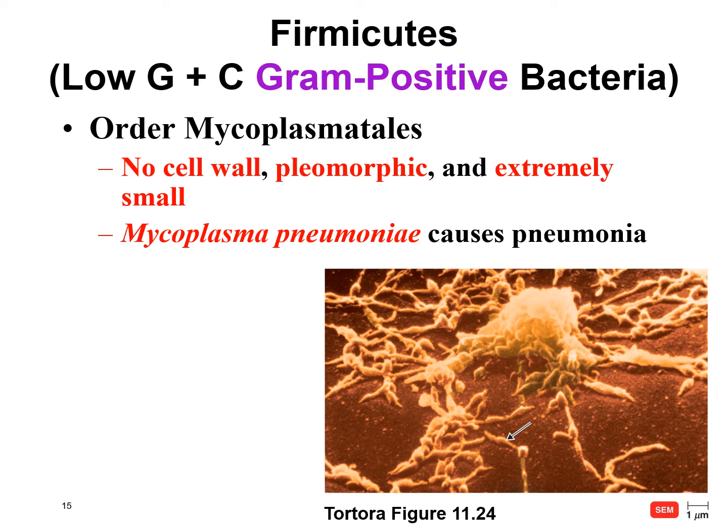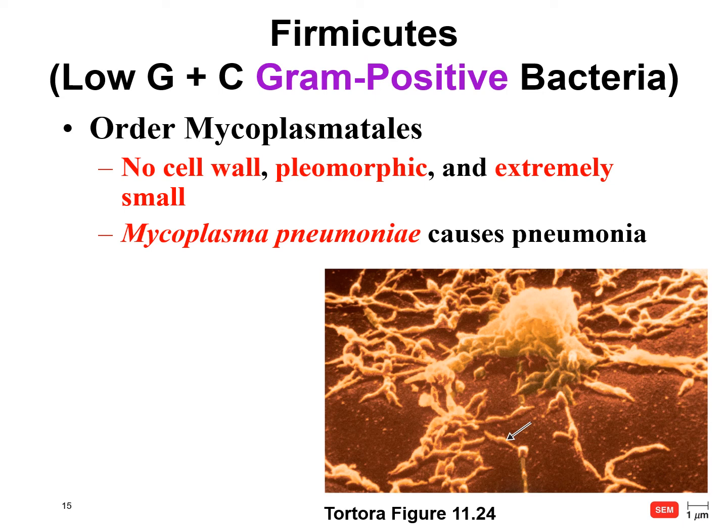You can see in the picture where this black arrow is, it's pointing to one of the Mycoplasma pneumoniae, and there's actually quite a few of them all throughout here. This bigger cell here is one of our white blood cells, so you can see the size difference. Mycoplasma pneumoniae is so small you can't see it with a light microscope. You have to use an electron microscope.